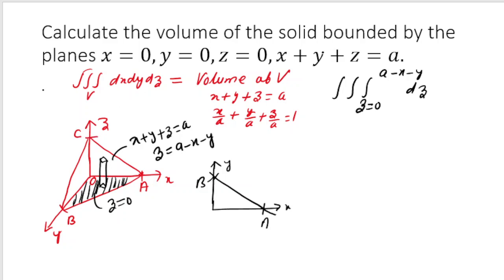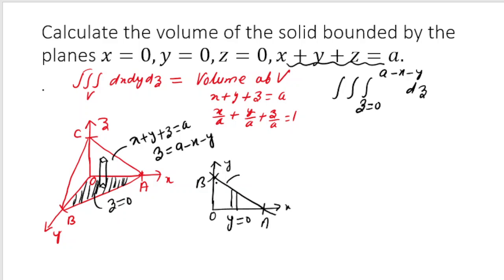I am taking the plane that is x plus y plus z is equal to a, and if I take its projection in the XY plane, the projection will be the region OAB. So I have to cover the region OAB. I already have taken the limit of z. To cover the region OAB, I take a vertical strip which starts at the x-axis, so its limit will be y is equal to 0.